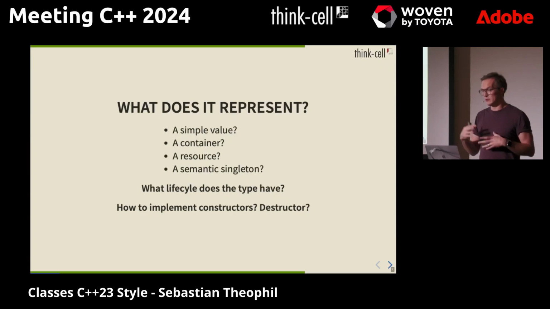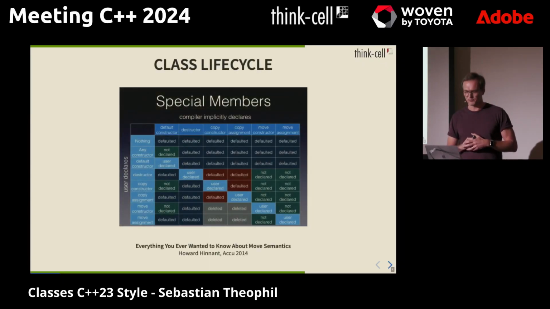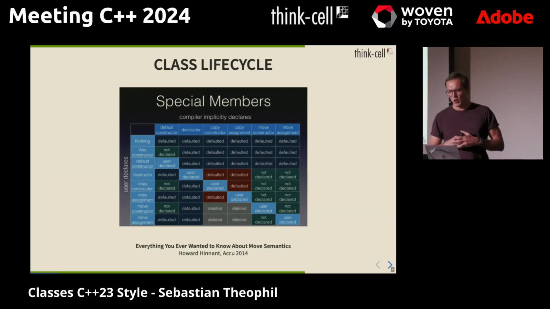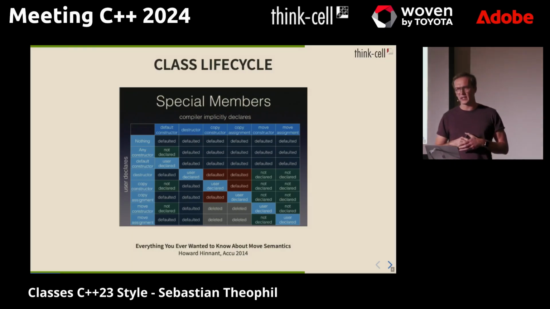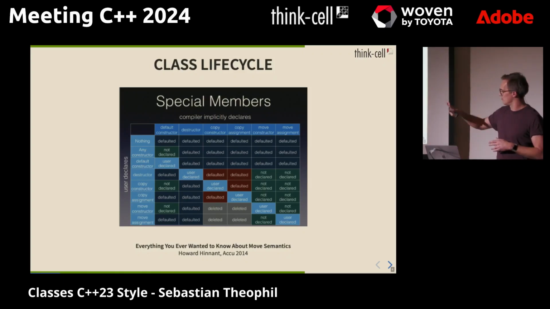And now when I say, what constructors to implement, and which ones, and do we have to implement a destructor, you are probably already thinking about that image. So this is the image from a talk by Howard Hinnant in 2014, where he explained, when move semantics was still a new thing, what happens if the user declares a constructor, and which constructors will then be implicitly defaulted or deleted or not declared, etc. So that's perfectly fine.